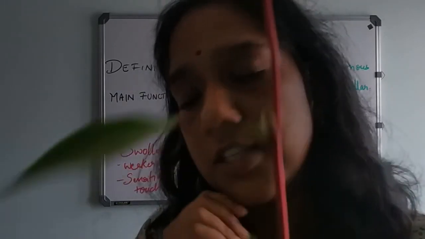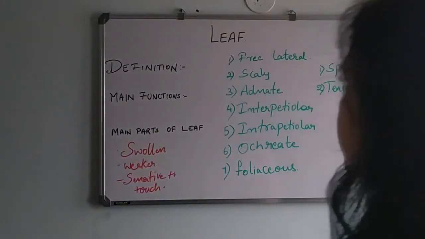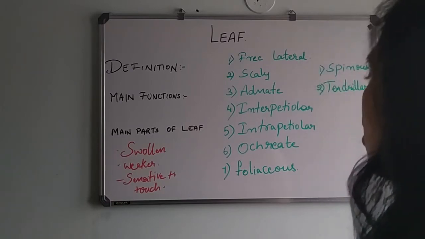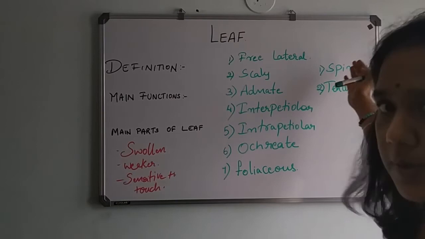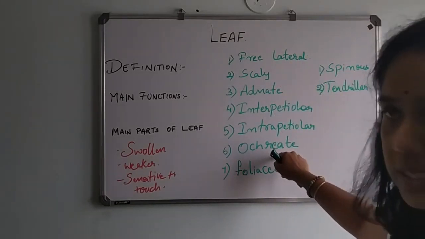That is stipules, free lateral stipules. Next is the scaly, adnate, intrapetiolar, ocreate, foliaceous, spinous and tendrilar. These things we are going to learn in our next class with diagram.